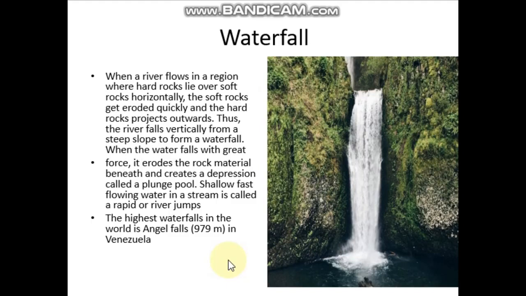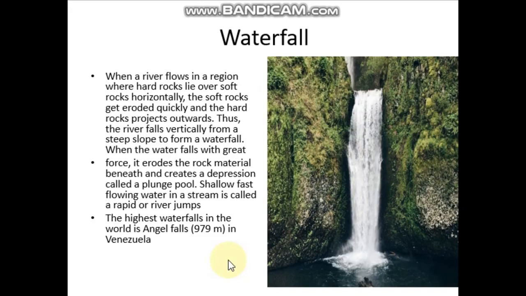So the river falls vertically from a steep slope to form a waterfall. When the water falls with great force, it erodes the rock material and also creates a depression. What was that depression called? A plunge pool. Shallow, fast-flowing water in a stream is called a rapid or river jumps.